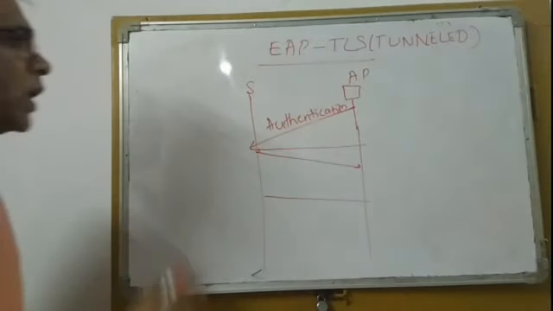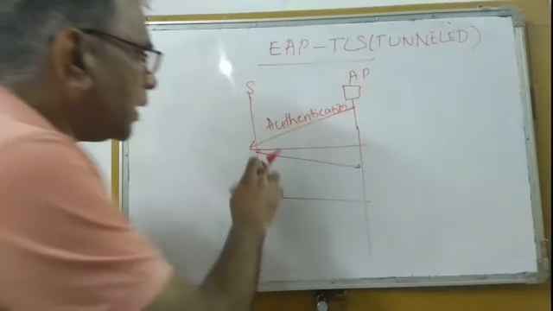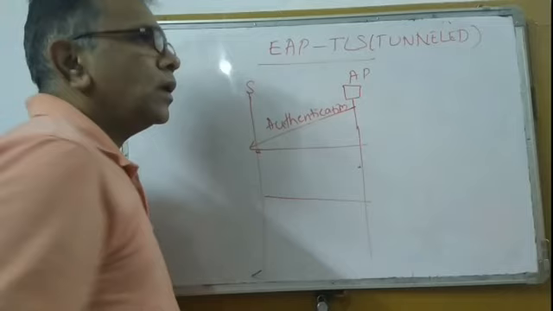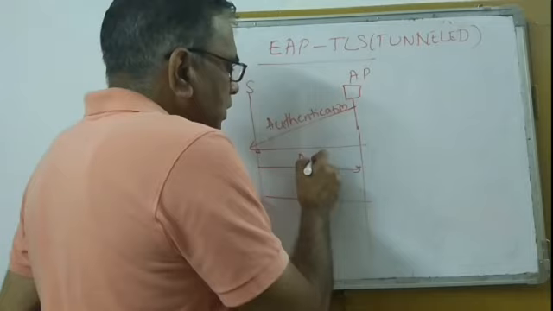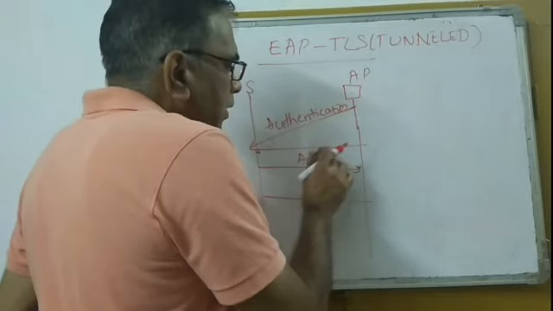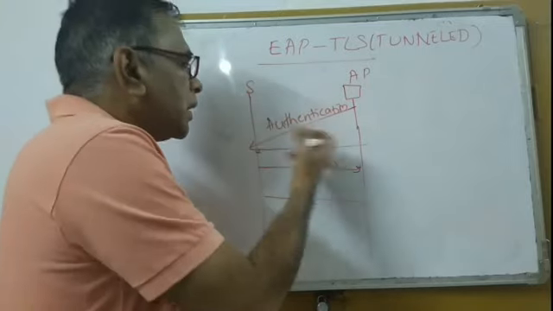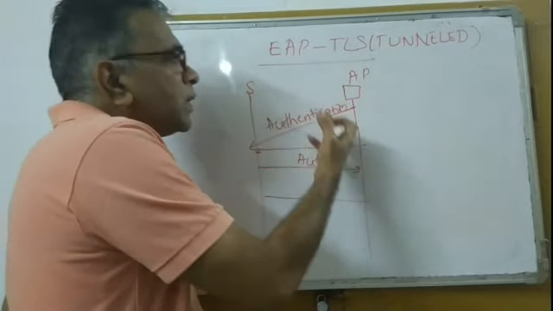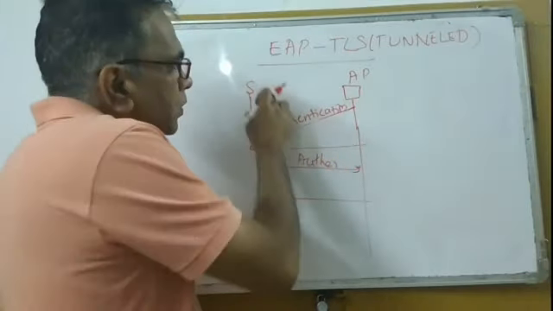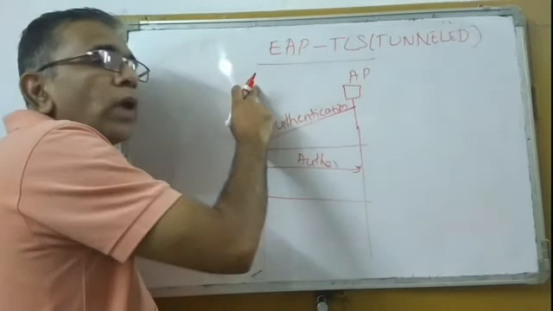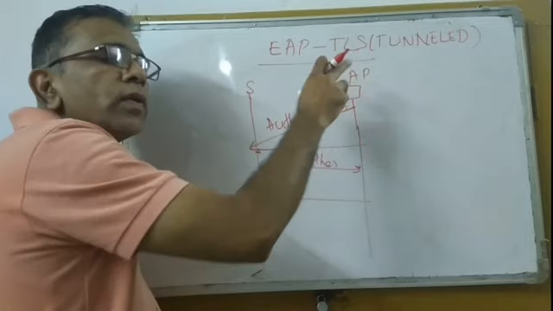Once a secured tunnel exists between the AP and a station, the station first authenticates itself to the AP. Once authentication of the station is completed through this secure channel, since the station does not have a way of authenticating itself in a secured manner to the AP in TLS, an internal method is used. As was told, the station does not need to have a certificate, only the AP has the facility of getting a digital certificate and digital signatures.